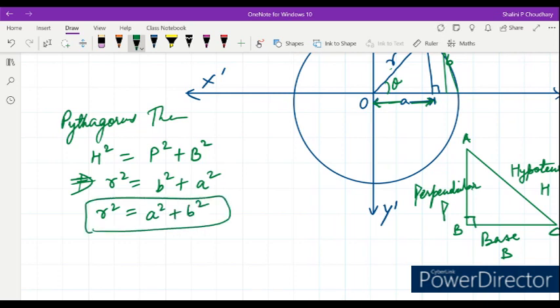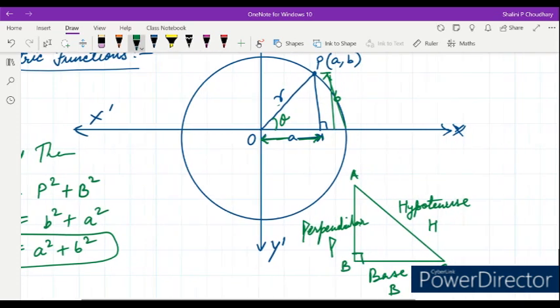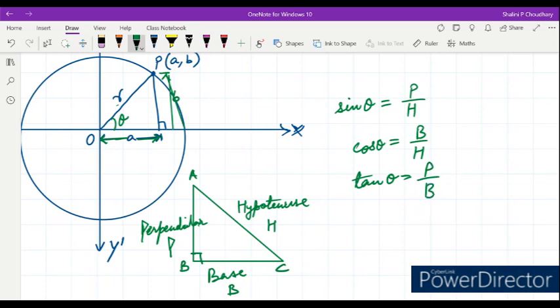Now one more thing that we know: sine theta is equal to perpendicular upon hypotenuse, cos theta is equal to base upon hypotenuse and tan theta is equal to perpendicular upon base, right?